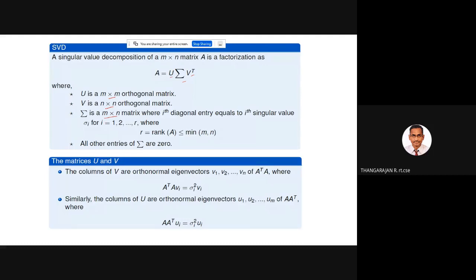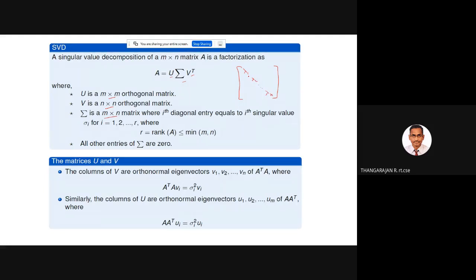So this is actually about the singular value decomposition. And I already told you that in this singular value decomposition, the singular values in this matrix sigma are in decreasing order. So you have lambda 1, lambda 2, up to lambda n.